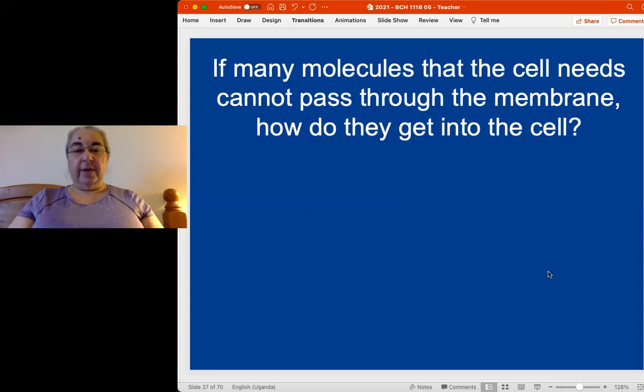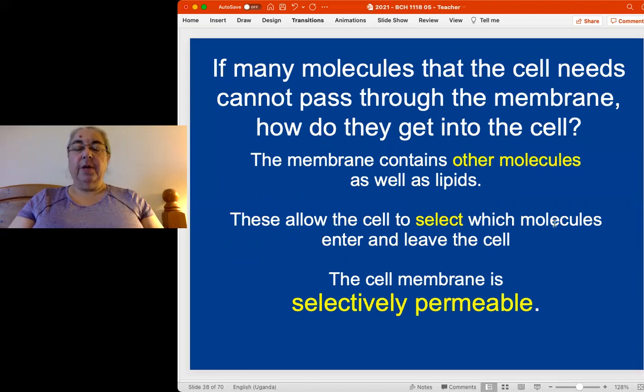Well, the answer is that the cell is able to transport them through its membrane using the other molecules we've seen that are embedded in that plasma membrane. And this allows the cell to be selective, to choose which molecules are allowed to enter and leave the cell.